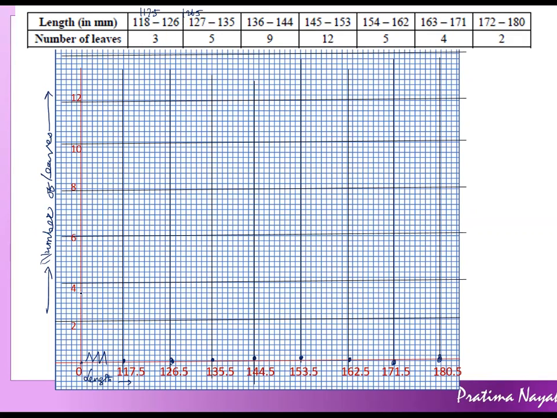So there are 3 leaves. 3 is in between 2 and 4. So 117 to this one is your first. I made 3. Next is your 5. Next is 126 to this one will be 5.